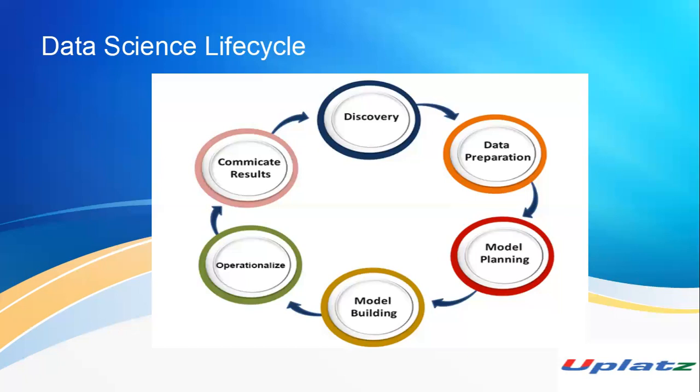After performing all these tasks, we can easily use this data for future purpose. Okay, so in data preparation, we need to perform cleaning, data reduction, because all data is not necessary. So we need to reduce some data. Then data integration. We need to integrate data from different sources. Then data transformation.